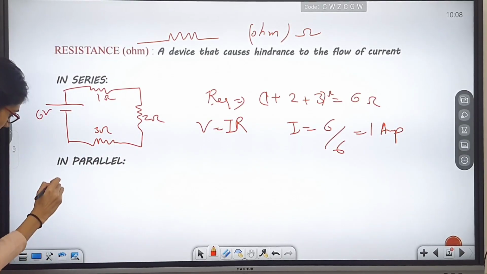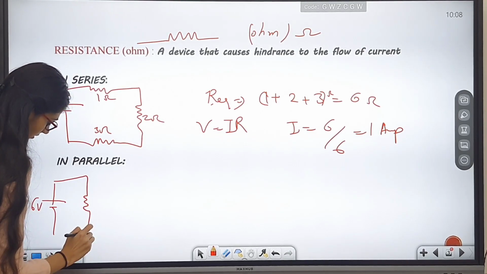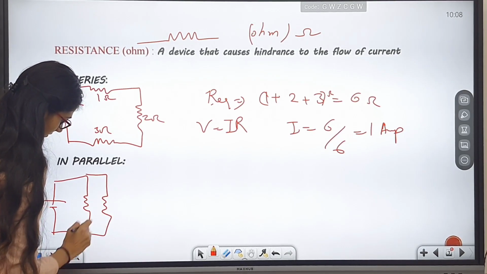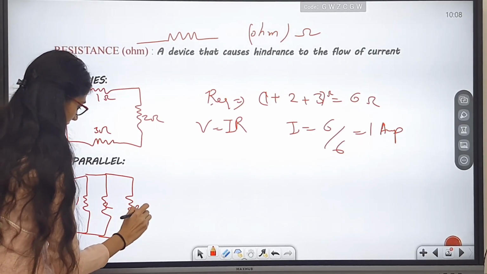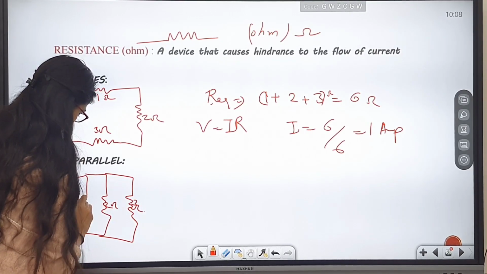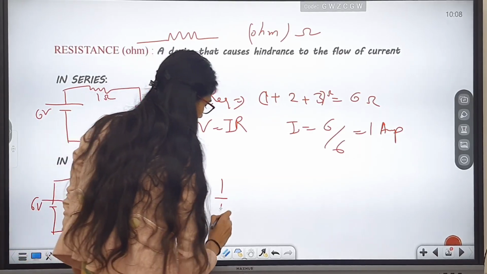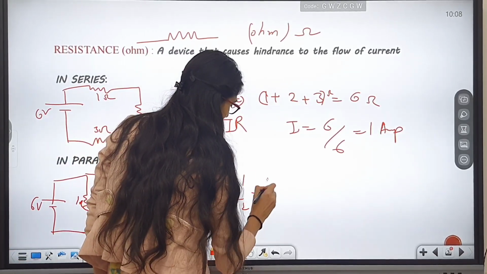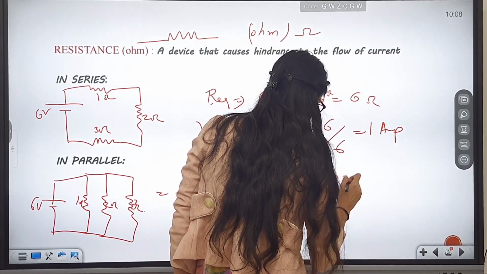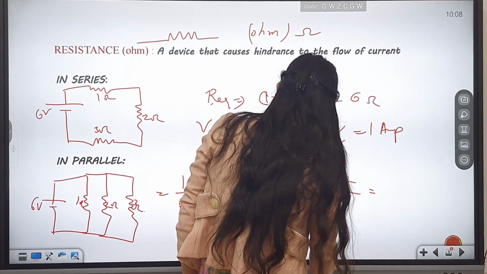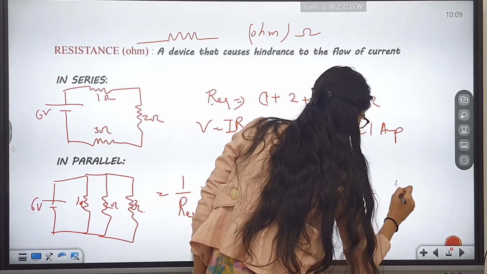Similarly, in this case, if this is a battery of 6 volt, with 1 ohm, 2 ohm, 3 ohm in parallel, then 1 upon R equivalent is equal to 1 upon 1 plus 1 upon 2 plus 1 upon 3, and we will be left with 6 plus 3 plus 2, that would be equal to 11 upon 6.